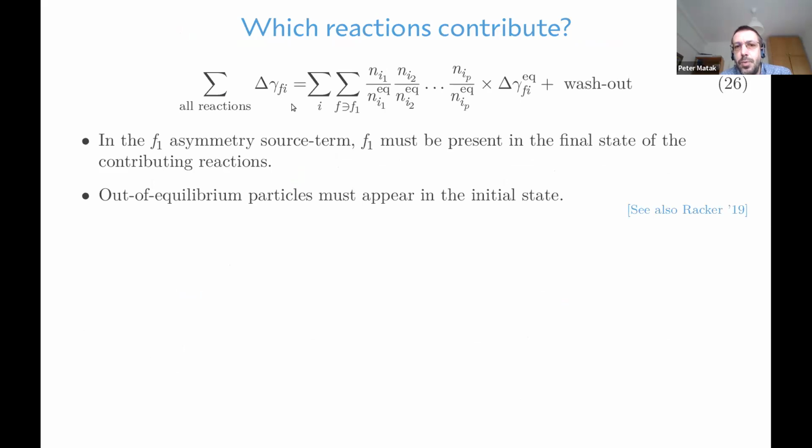If there is not, we can sum over all the reactions here, and because of the unitary constraint, the source term will vanish. So we only include interactions and processes that produce F. It must be present in the final state, and we need out of equilibrium particles in the initial state. Otherwise, because of unitarity, it will vanish.